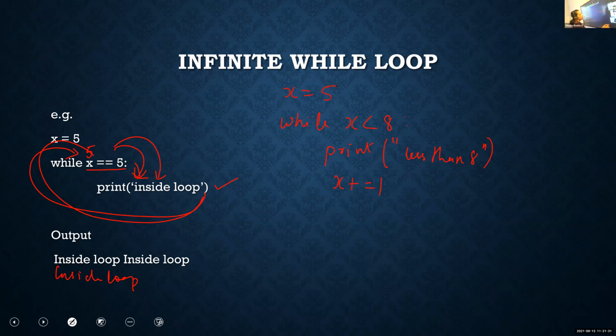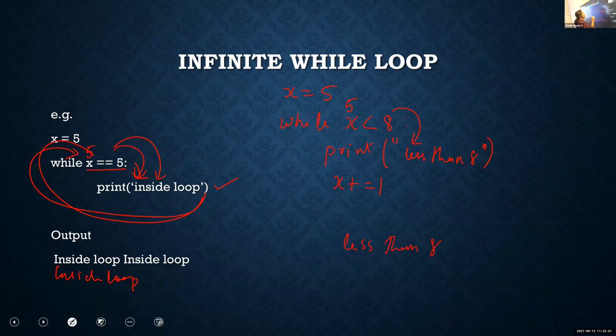Okay. Here we are starting with x equal to 5. I want to print one message 3 times. The message is less than 8. So x is equal to 5. Then while x less than 8, that means the value of x is 5, so 5 less than 8 is a true statement. Then it will execute this block. First it will print less than 8.